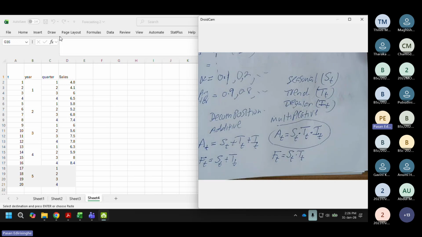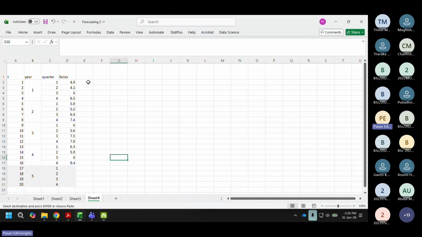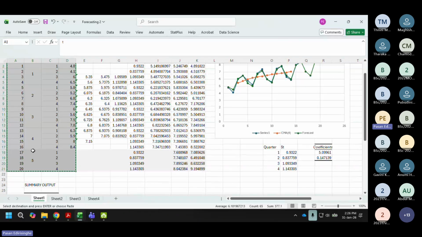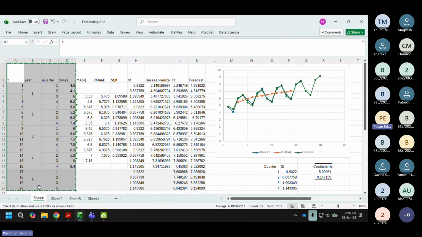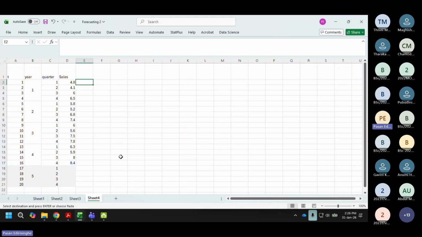I will use the multiplicative method and we can focus on that, and later on we can try the additive as well.